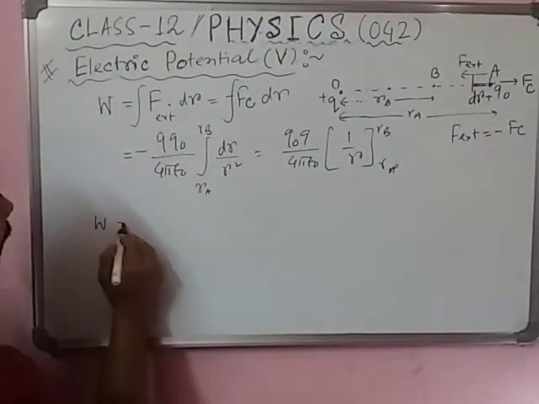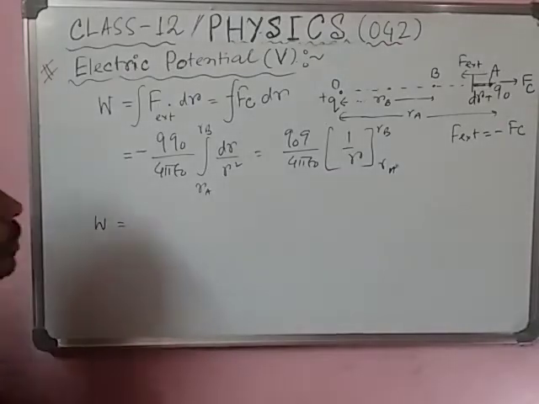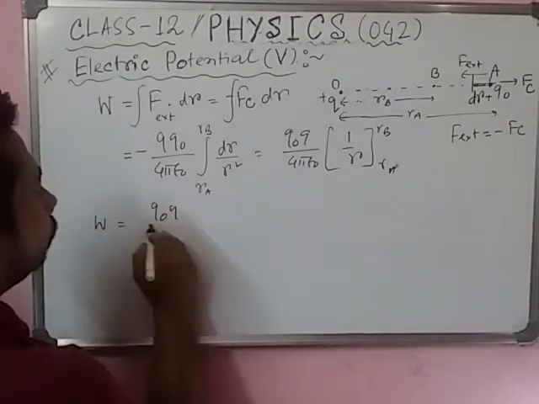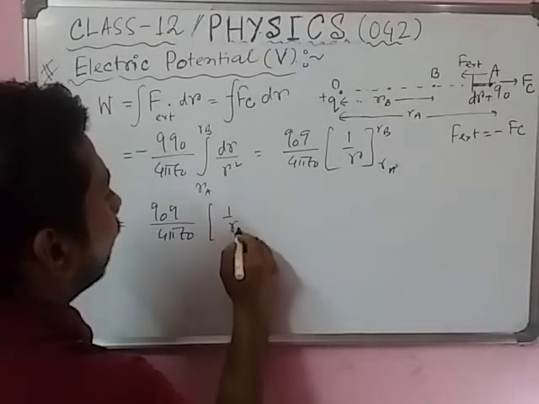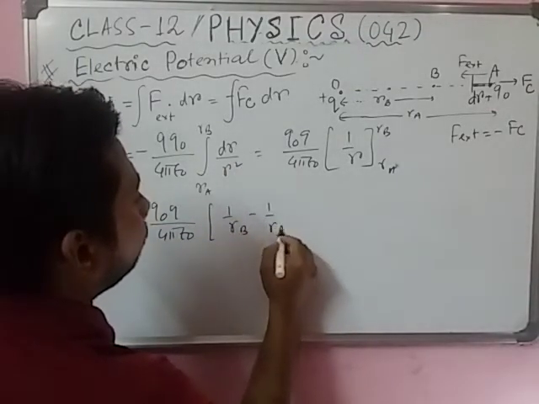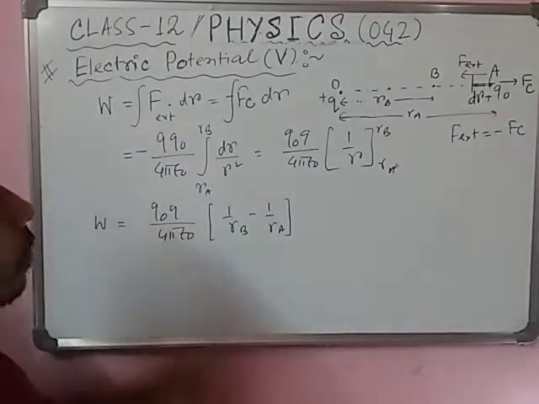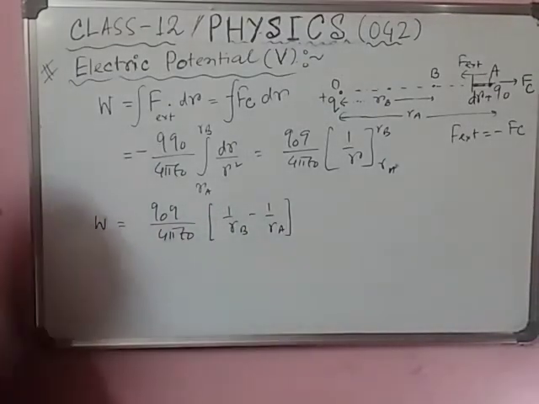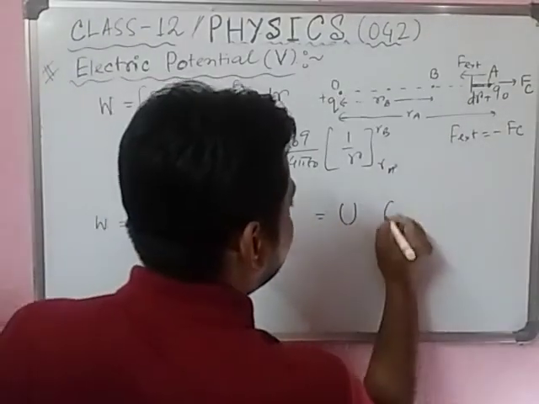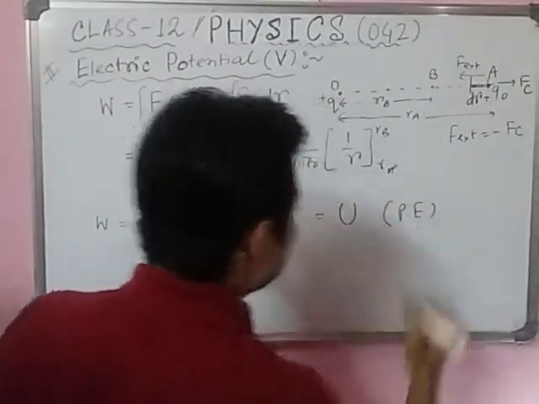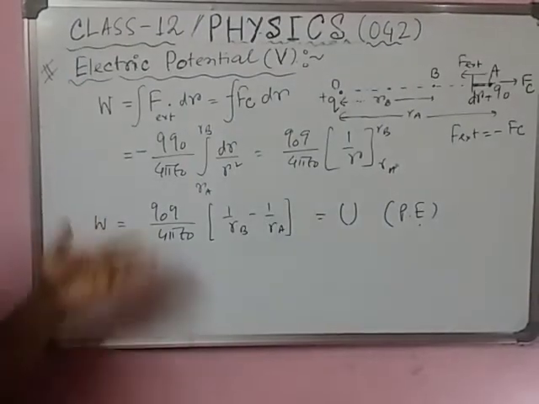Now you can put the limit, and you can write 1 by RB minus 1 by RA, and that is your result. This is called work done. Sometimes you can call it potential energy, so you can also find potential energy by this formula.